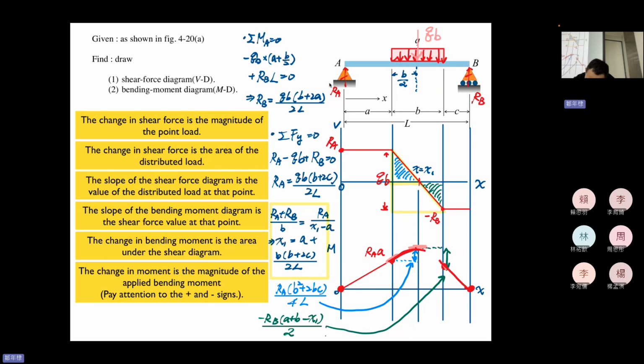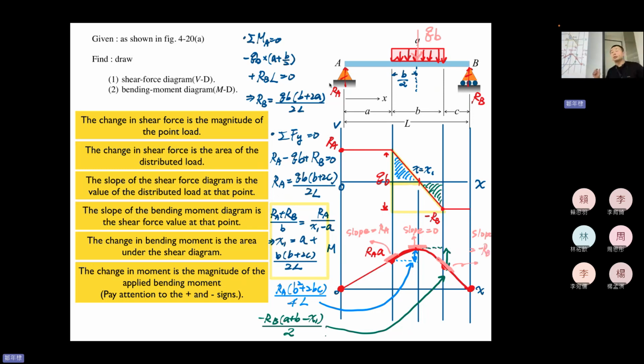It's a little bit difficult because you need to satisfy all the constraints. Okay. So you can see that this slope equals RA, this slope equals 0, and this slope equals minus RB.